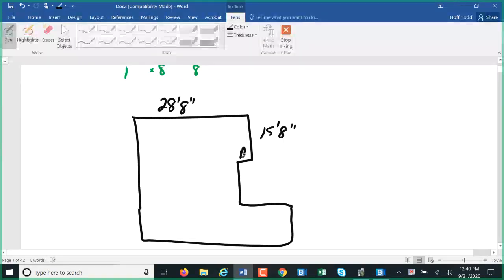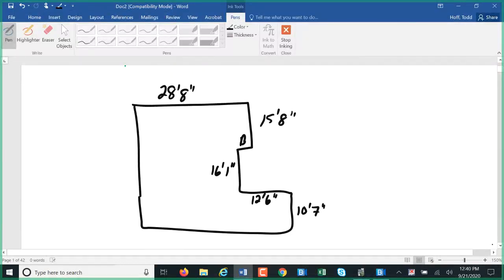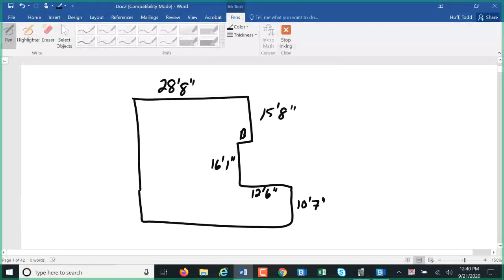I'm going to ask you to find that dimension. 16 feet, 1 inch. 12 feet, 6 inches. 10 feet, 7 inches. We'll put this bottom piece at 34 feet, 4 inches. I'll call that dimension A. So I want you to find dimensions A and B for me. I'll give you another minute, and then we'll go over those.